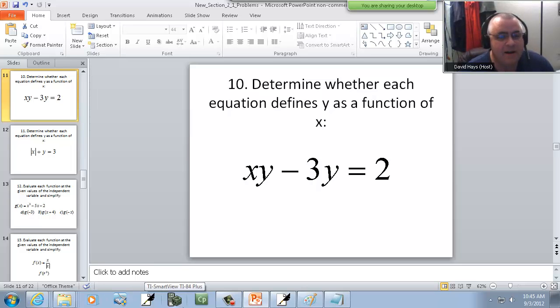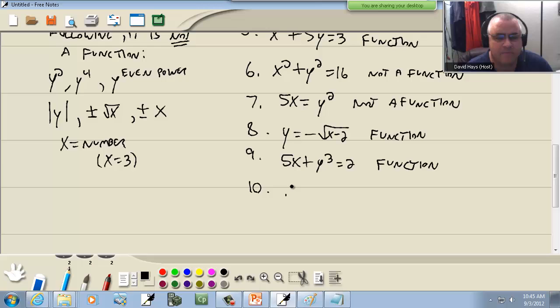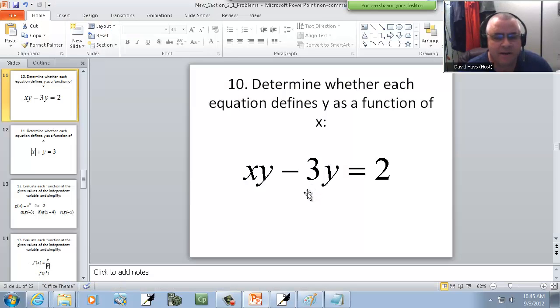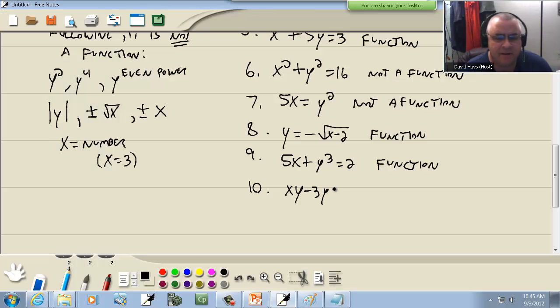Okay. Got xy minus 3y equals 2. Again, this is a function. Y to the first power is fine. We just can't have y to an even power.